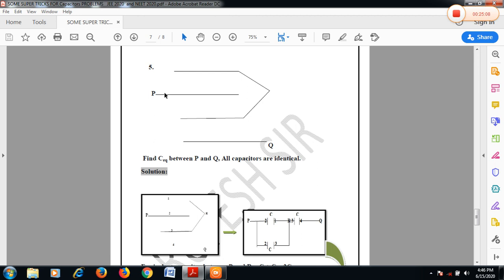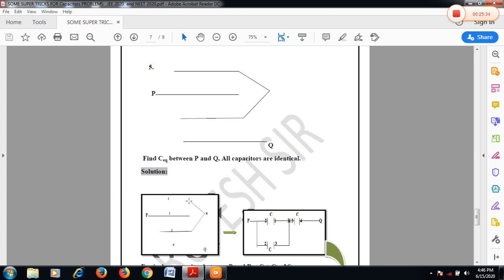Okay, students. Now, across point P and R, we are having two capacitors. Let us see how we will have it. Across this P and Q, we are having one capacitor having plates 2 and 1, as we are seeing, right?